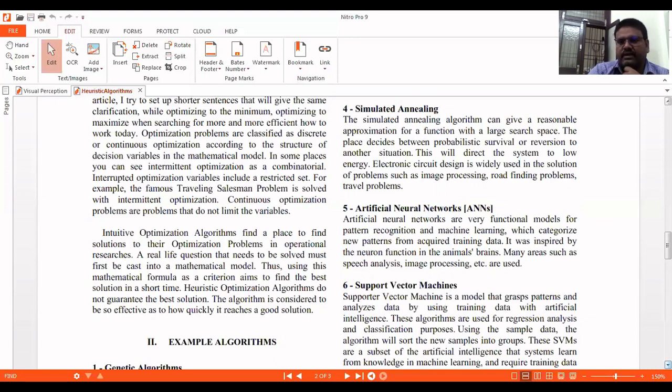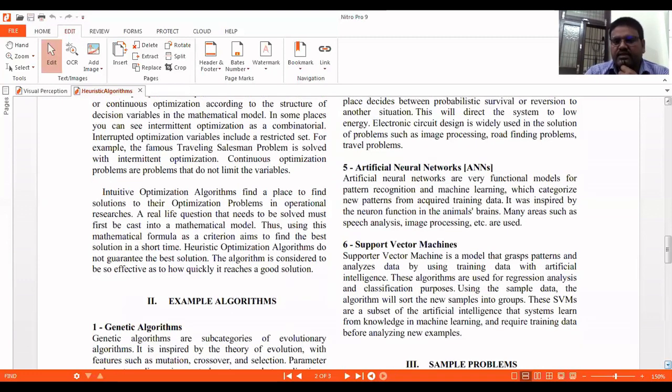Using the sample data, the algorithm will sort a new sample into groups. SVMs are a subset of artificial intelligence where the system learns from knowledge in machine learning and required training data, analyzing training data before analyzing new examples.